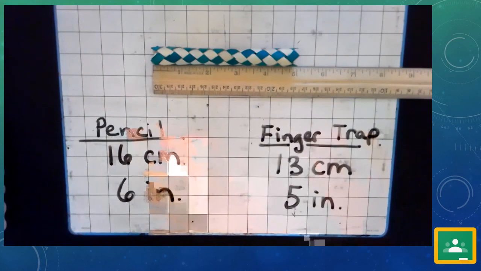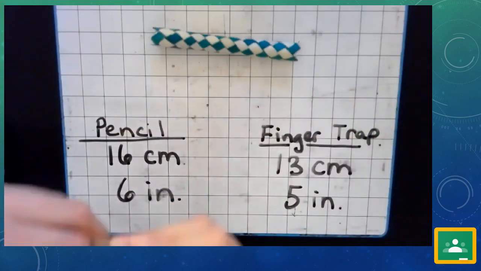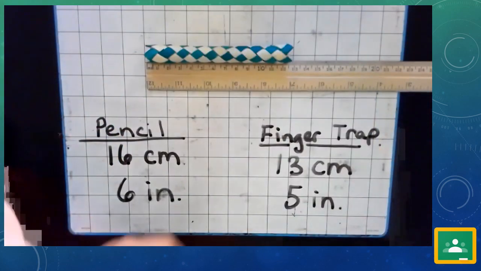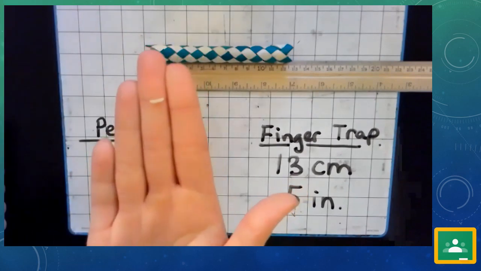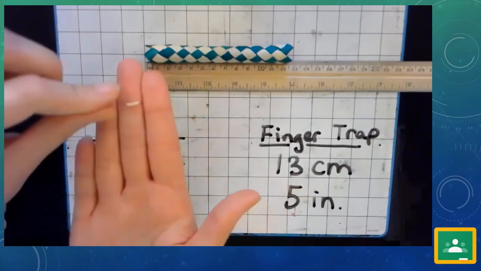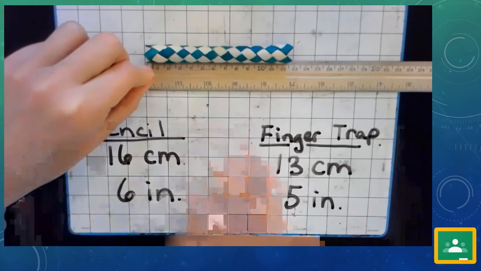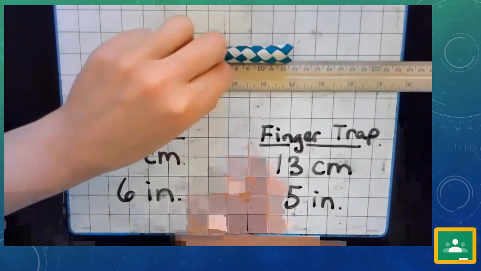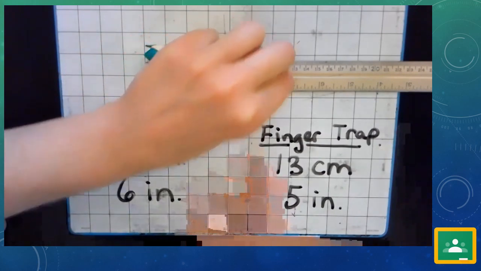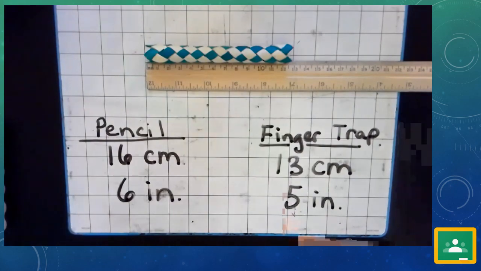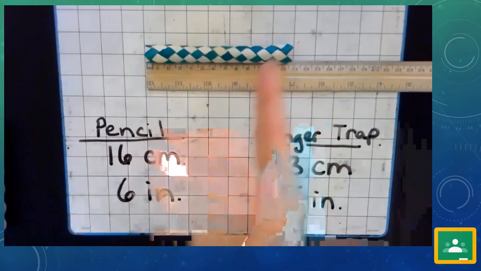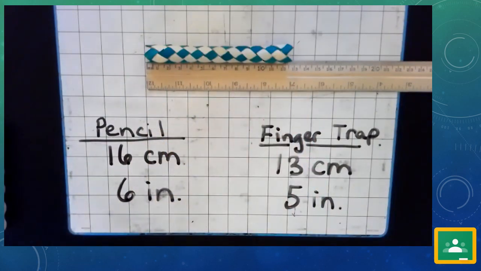Unlike measuring with centimeters, when I'm measuring with centimeters, because that unit of length is so small, much smaller than an inch, I would need to move that piece of grain many times across this object in order to measure it using centimeters. I would have to move it about 13 times so that I can measure this entire object. Okay, so because centimeters are a smaller unit, they take up less space, you need more of them.